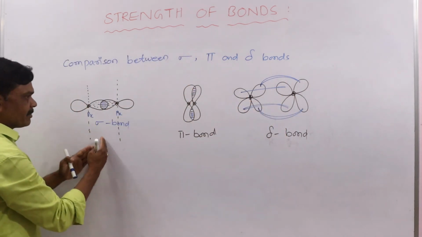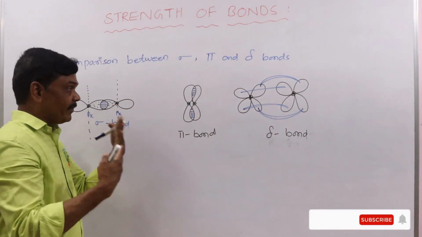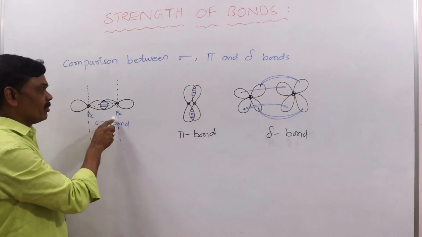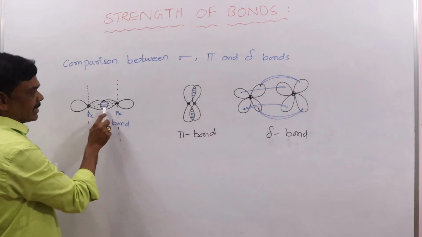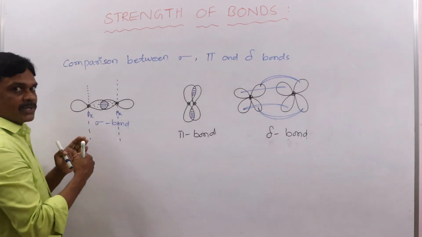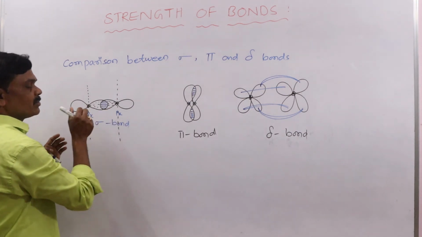Now in case of sigma bond, pi bond and delta bond, where is the extent of overlapping more? Here the extent of overlapping is more because the electron cloud density is exactly situated between the two nuclei, so there is no repulsion between these two nuclei.